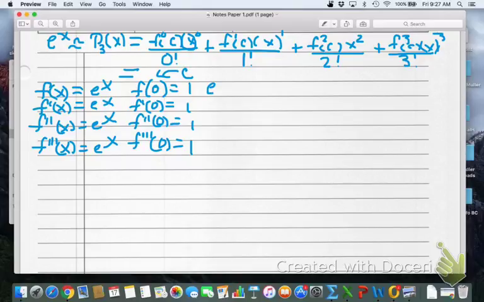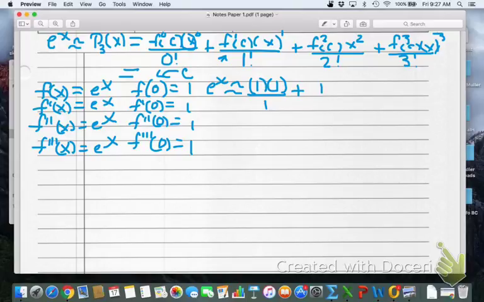So e to the x, and we're ready to come up with our third degree polynomial, is going to be, our first term is simply 1 times x to the 0, which is 1, over 0 factorial, which is 1. Then plus our second term, and I'm looking right up here now, is going to be evaluated.